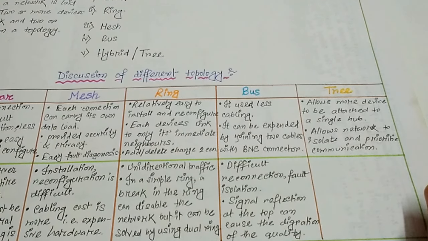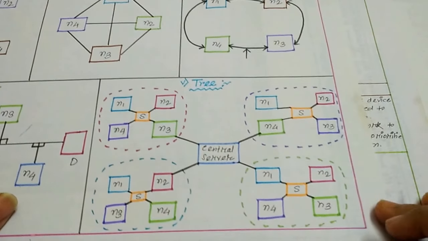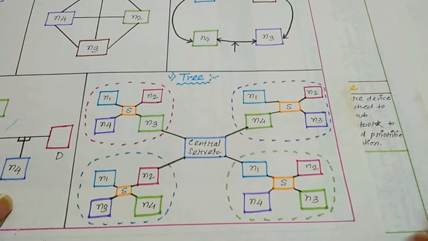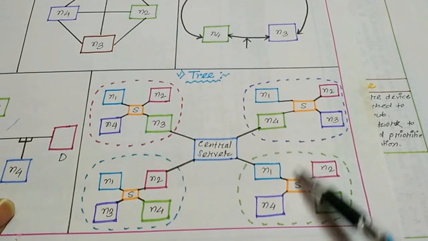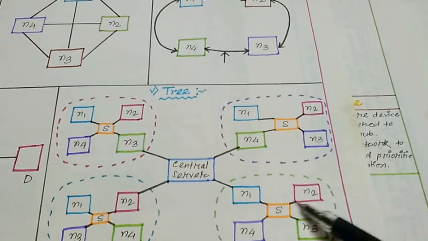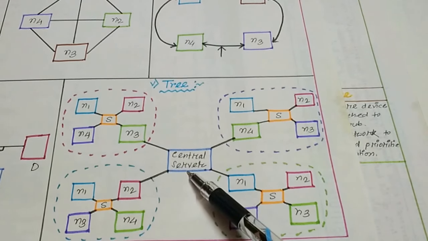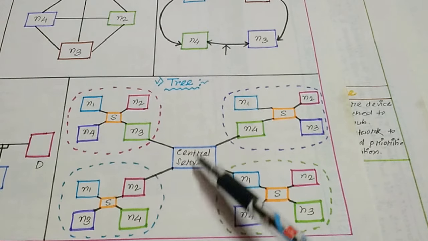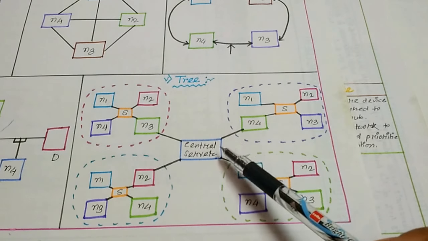Now comes tree or hybrid topology. Tree topology is like this. There are individual star topologies. The four regions of star topology connect with the central server. So it forms a huge topology.